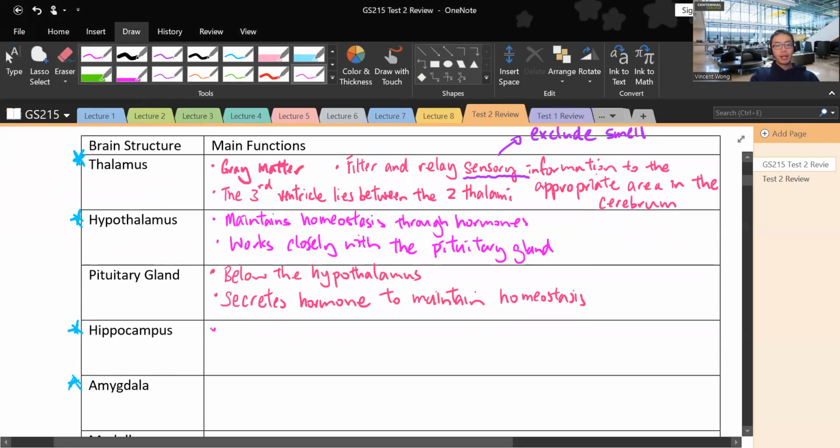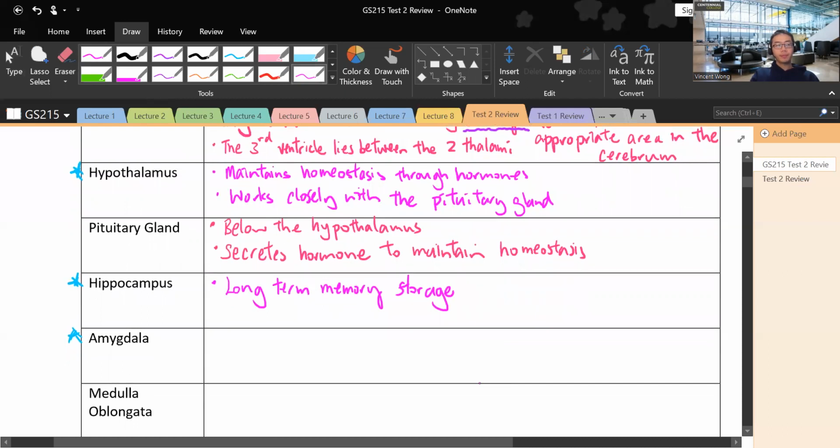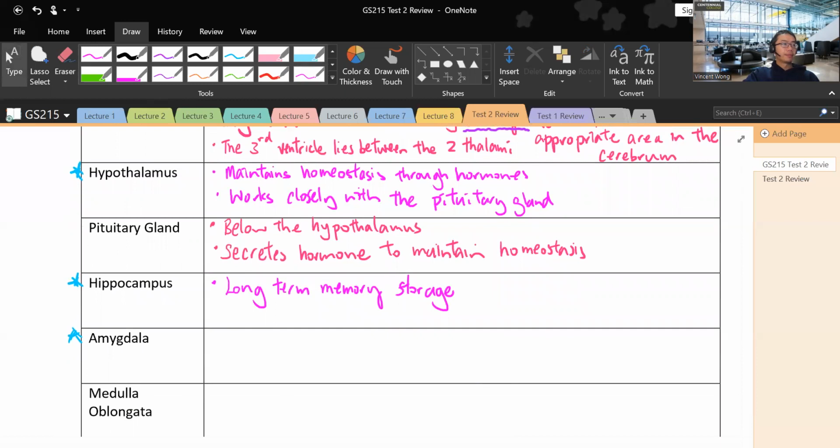Hippocampus is responsible for long-term memory storage. What about the amygdala? In one simple word, what is the amygdala involved in?